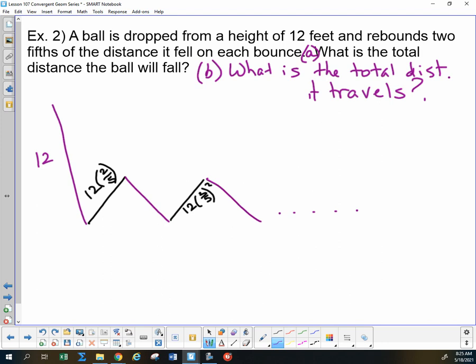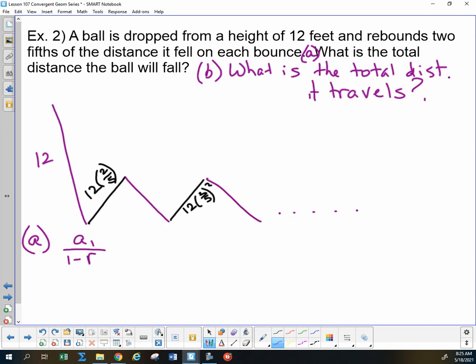So if I want part A, just the falls, is it geometric? 12 plus 12 times 2/5 plus 12 times 2/5 squared. Is it convergent? What's my common ratio? Matthias? Is that between -1 and +1? So it's convergent. So just for my falls, it's going to be the first term over 1 minus r.